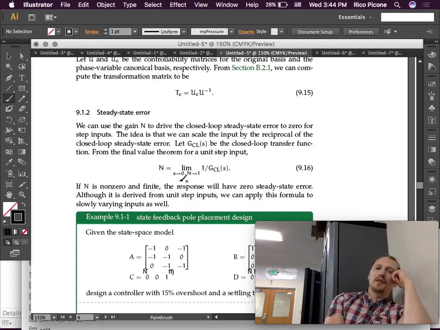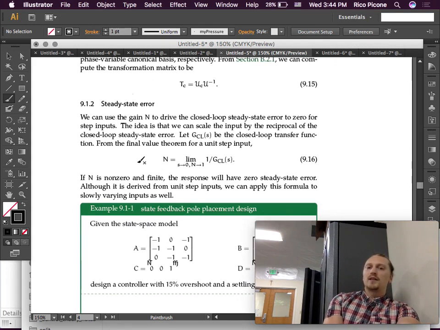From the final value theorem for a unit step input, N is equal to the limit as s goes to 0 of the inverse of this transfer function.